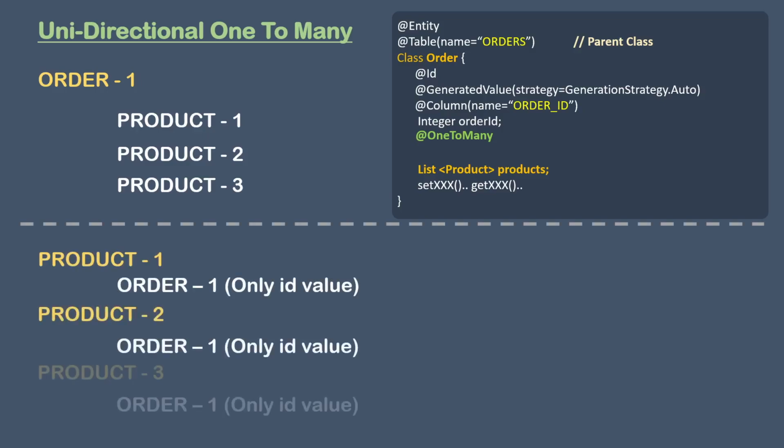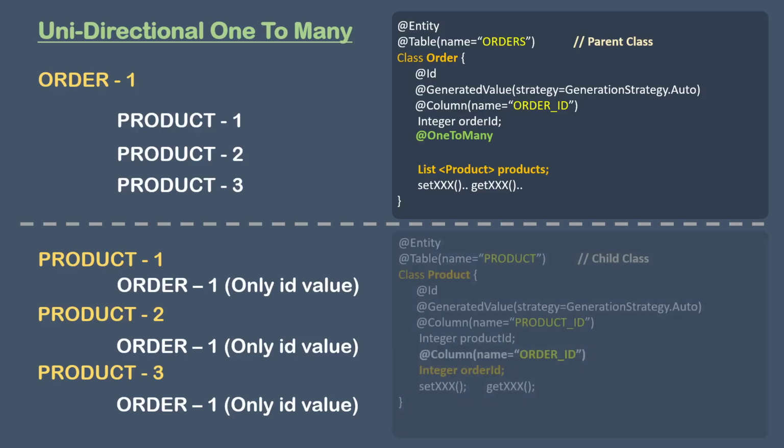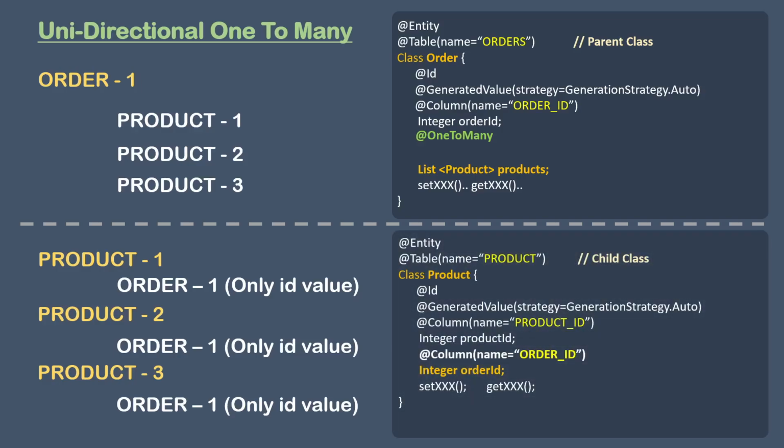Individual children will be associated to a specific parent, but the only catch is we are not going to configure the parent object, the order object reference, in the child class.